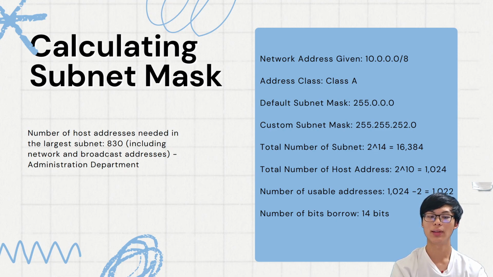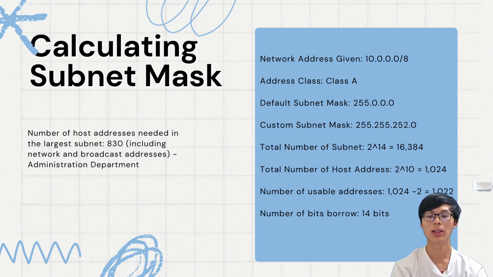To contain the 830 host addresses, we need to take 10 bits for the host address, because 2 to the power of 10 is 1024, including the network and broadcast address. For this, our subnet mask will be 255.255.252.0.